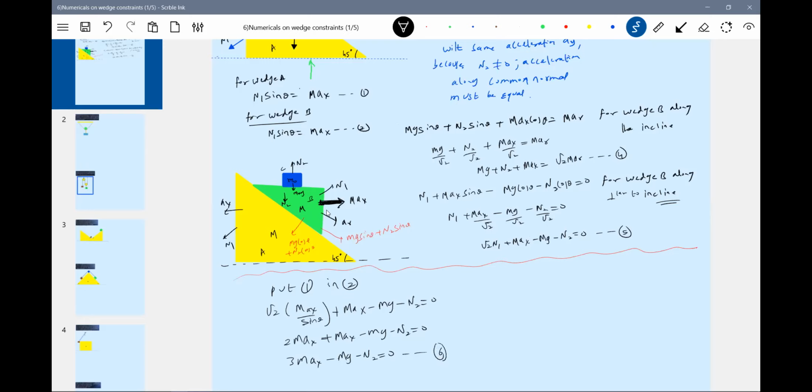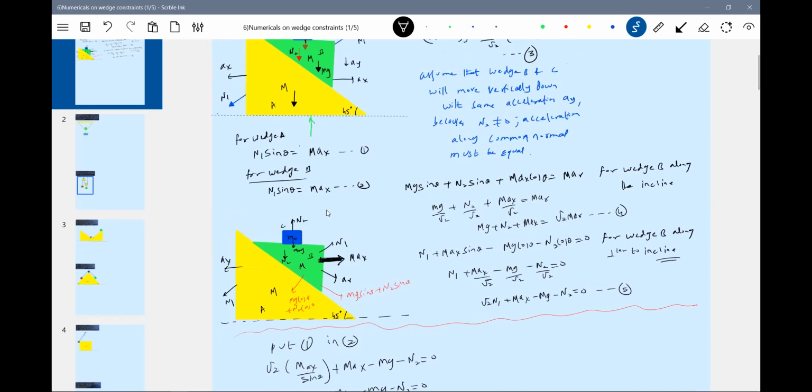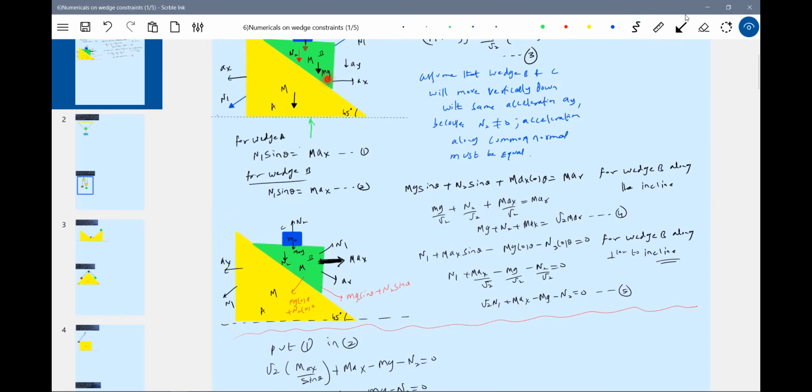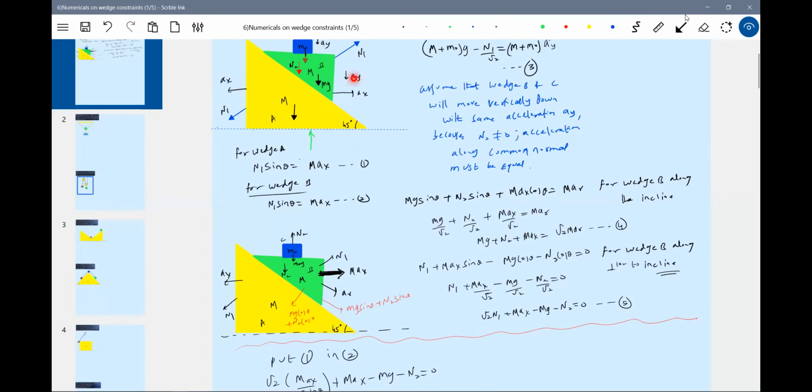Now one more. Look at the motion of this one. What is the acceleration of wedge B along the x-axis? Shall we write any constraint equation? What is Ax? Acceleration of wedge B along the x-axis with respect to ground. What is Ay? Acceleration of wedge B along the y-axis with respect to ground. What is Ax? Acceleration of wedge A with respect to ground along the x-axis. If I don't mention anything, it is understood to be with respect to ground.